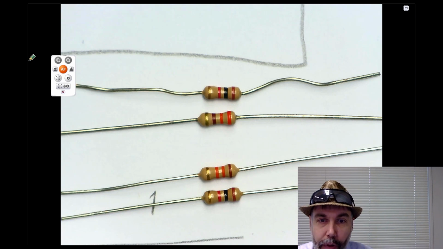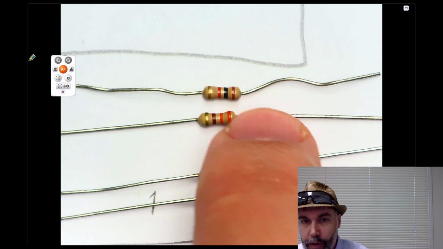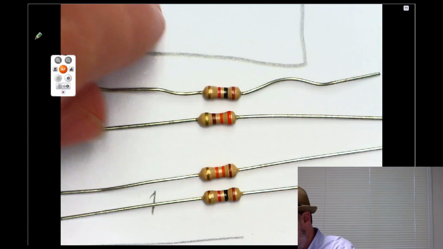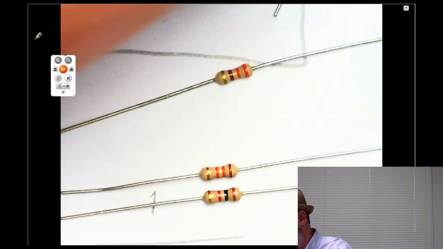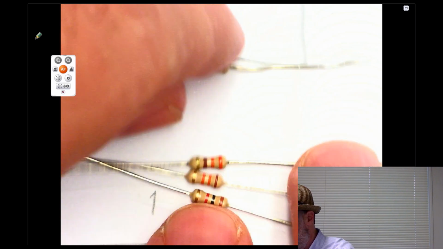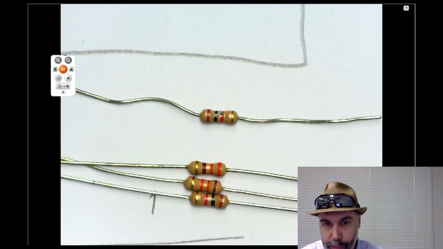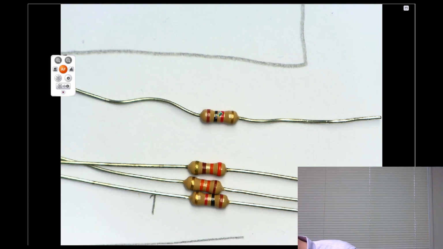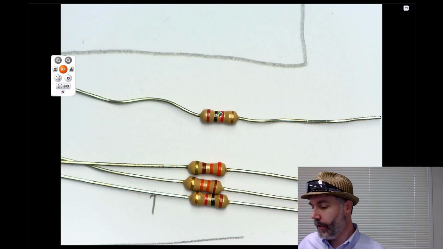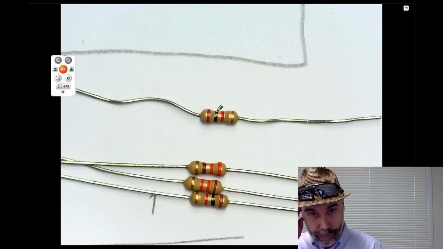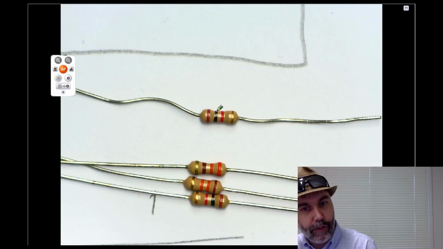So I think that this top one is brown, green, and red, so we'll flip this around so that the gold band is on the right side. So that's brown. I think that this middle band is supposed to be green, even though it's really hard to see. Looks more like black from this angle. But I think that that's brown, green, and red. But I'm not sure.